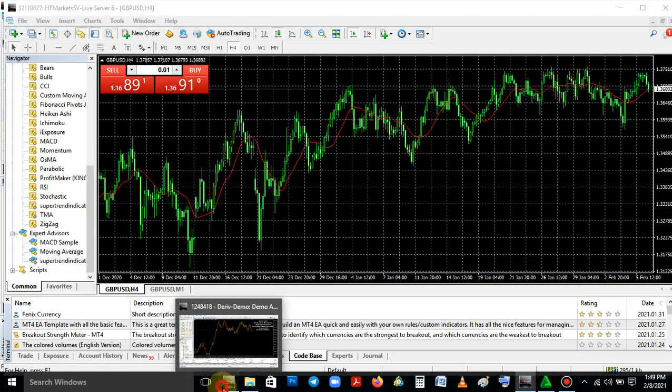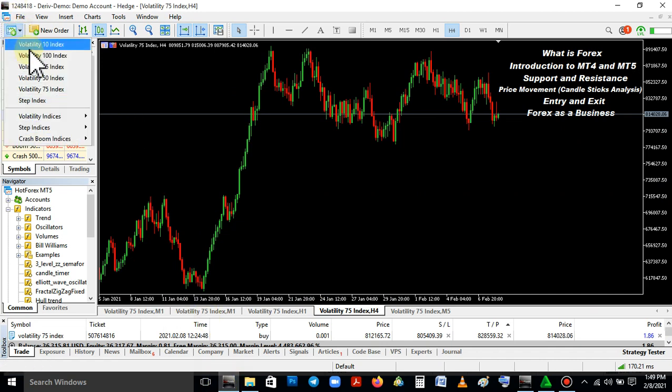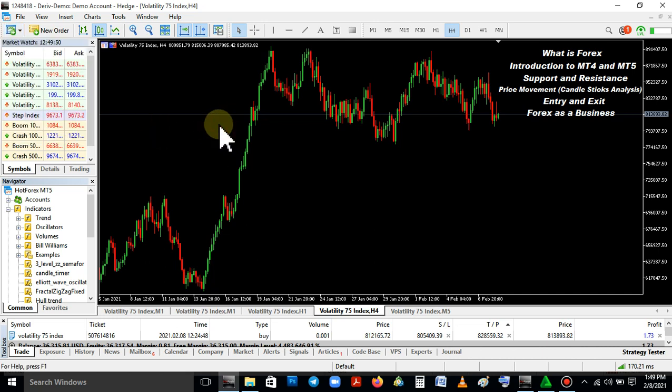But when you get to MetaTrader 5, what you see here is volatility, 10 index, volatility. So it depends. You can even trade those currency pairs I just showed you on MetaTrader 5. It depends on which broker you are using, whether they are on MetaTrader 4 or MetaTrader 5, but your interface and almost everything are the same.